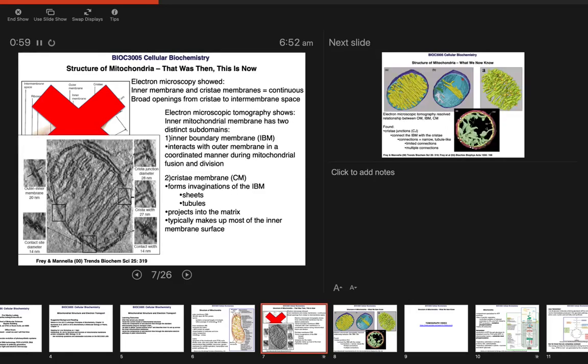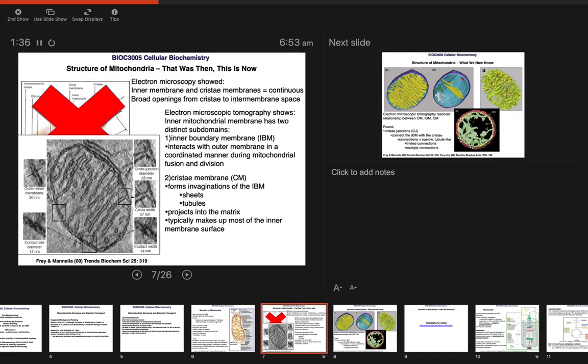And what we know now is from a technique called tomography, and that's using, again, the electron microscope, but it looks at the preparations for the electron microscope in sections that are then reconstructed, so thinly sliced sections of a mitochondrion, in this case, that are then reconstructed to give a three-dimensional image. And what we found is that the inner mitochondrial membrane actually has two very distinct subdomains.